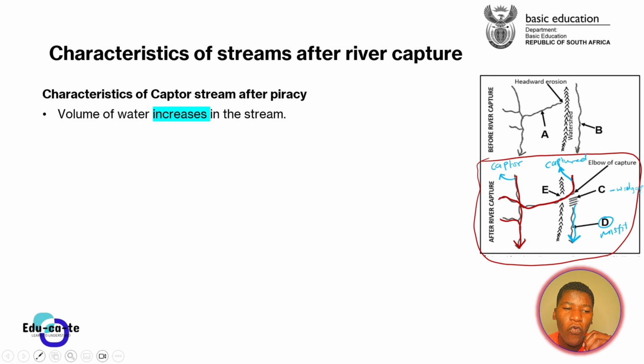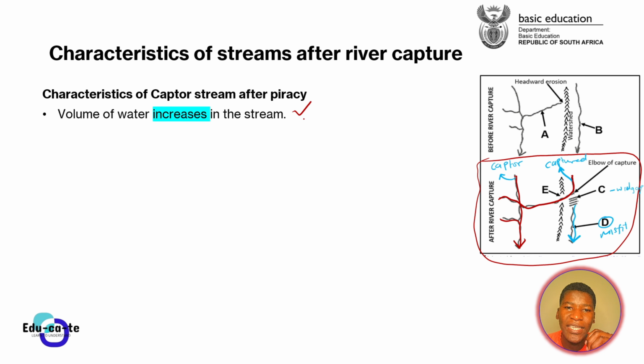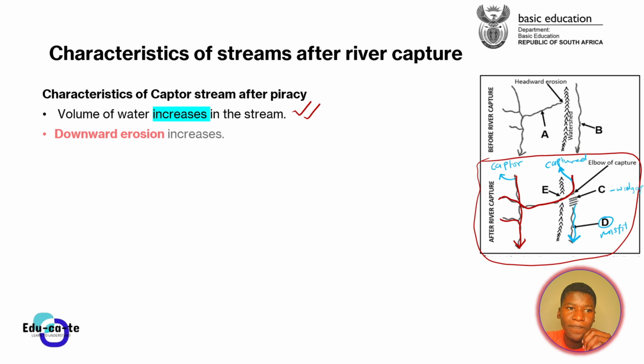So the volume of water, or how much water is in the captor stream, will increase. Why is it increasing? Because it is now getting water from the captured stream. It has stolen the water from the captured stream. So that is the very first point that you can mention.